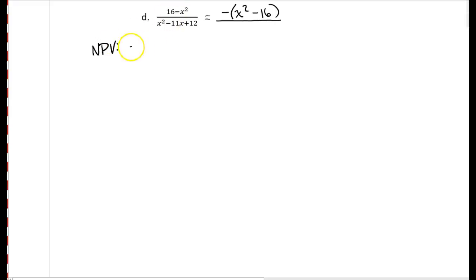So I've got non-permissible values, x squared minus 11x plus 12 cannot be 0. So that factors out to be negative. If we are multiplying to be 12 and adding to be 11, again, this is not factorable.